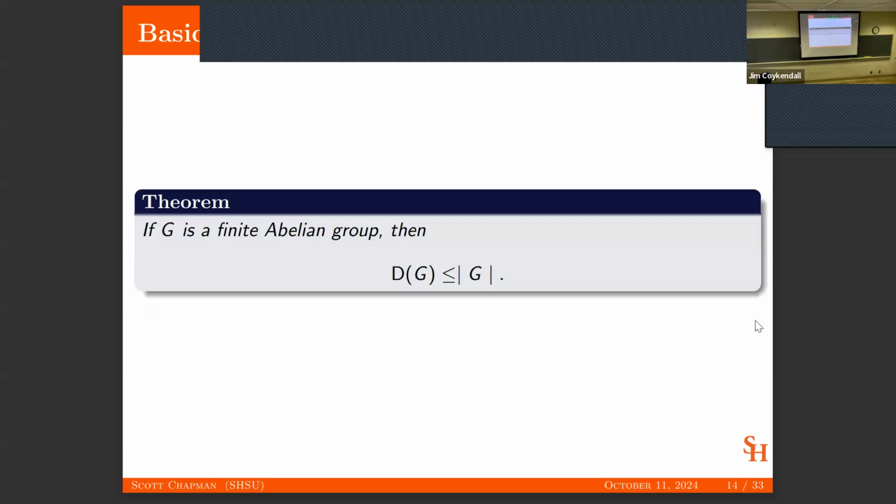Okay. Now, first theorem, and I use the word theorem kind of lightly here, because this is one of my favorite theorems, because I love the proof of this that I'm going to show you in a second.